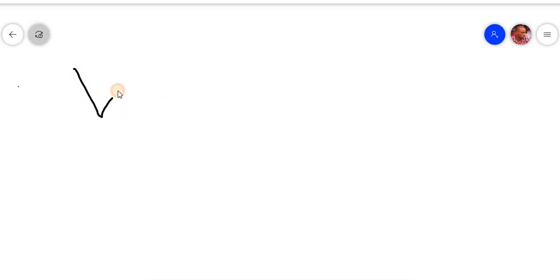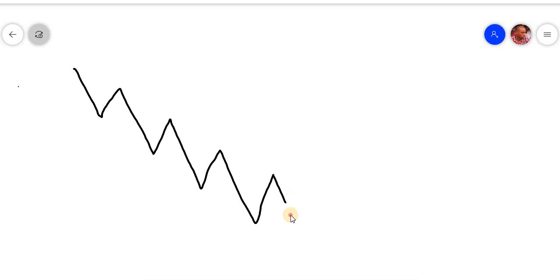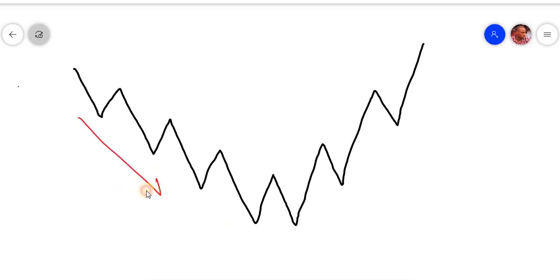You have a downtrend this way: lower low, lower high, lower low, lower high, lower low, lower high, equal low, then higher high, higher low, higher high, higher low, higher high, and so on and so forth. Now we have the downtrend changing to an uptrend. That's what we have here.